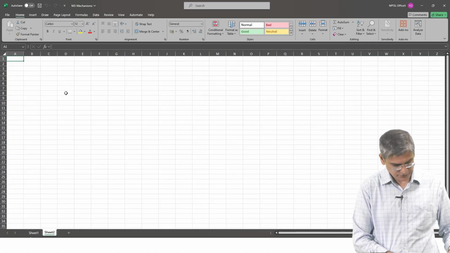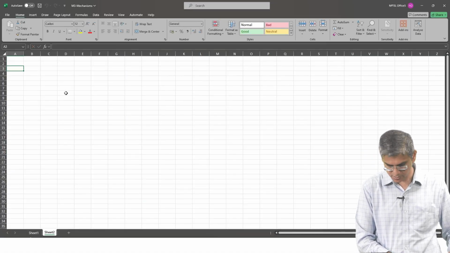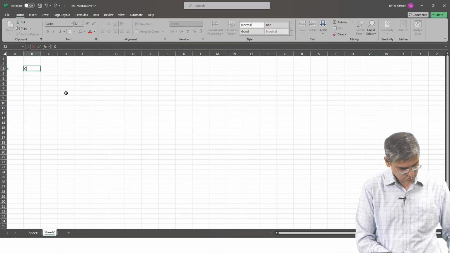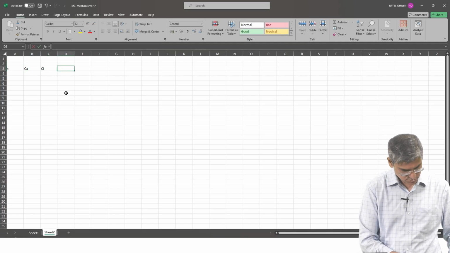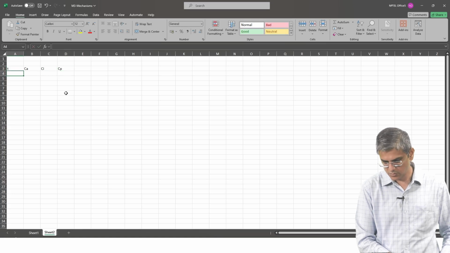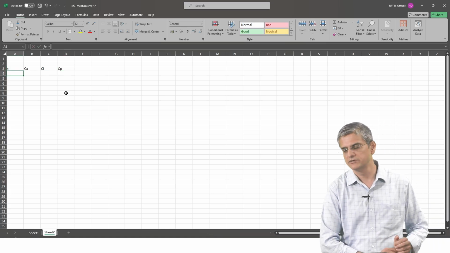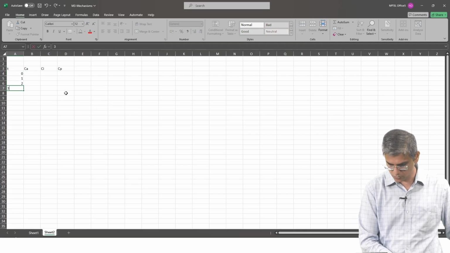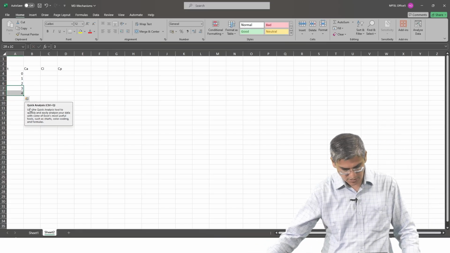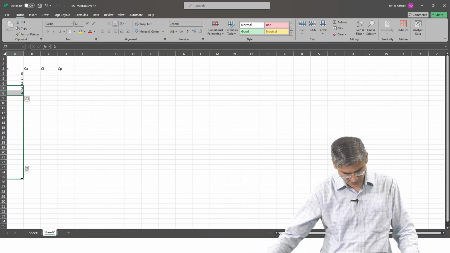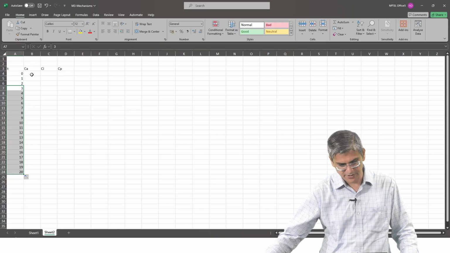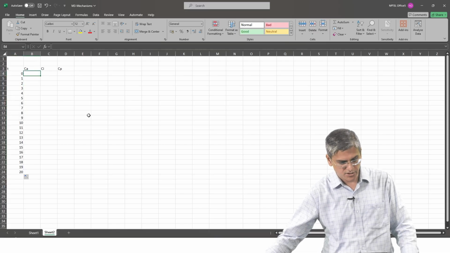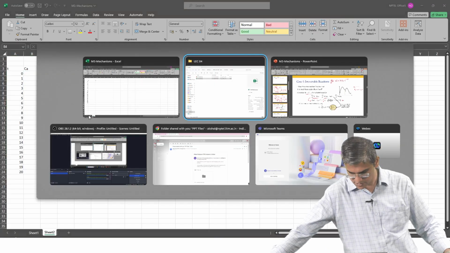So, in Excel what we are going to do is write our time, Ca, Ci, Cp, okay. We will take Ca naught equal to 1 for simplicity, okay. Take 0, 1, 2, 3, 4 and so on. You can take this and drag this, do it up to 20, okay.